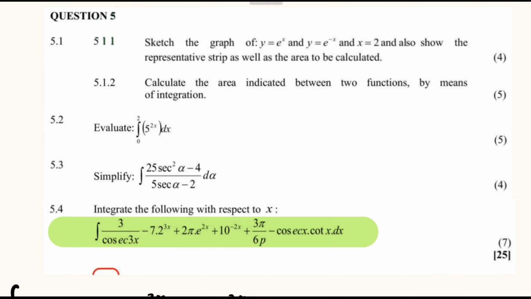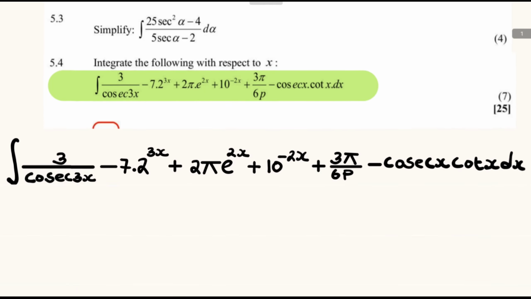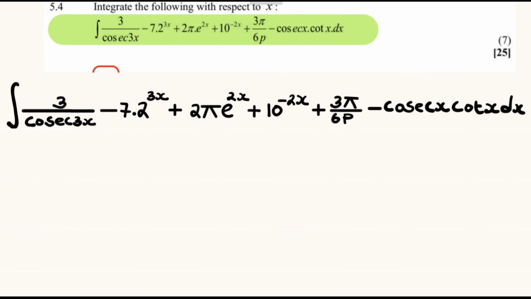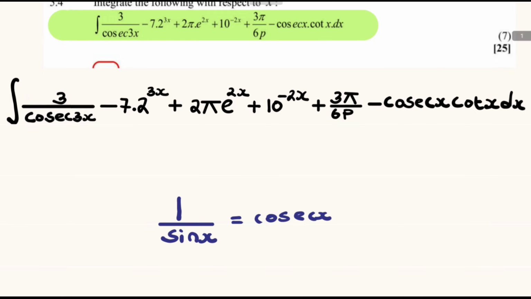Question 5.4, we integrate the following with respect to x. So let's simplify first before we can integrate. We start by simplifying. Remember that 1 divided by sine x is equal to cosec x.